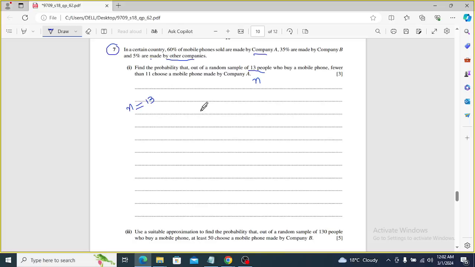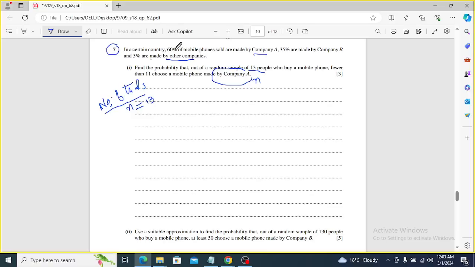N is given, and fewer than 11 chosen a mobile phone made by company A. So we are focusing on company A, and number of trials. N means number of trials. If number of trials are given, it means n equals 13, and company A is making 60% of the mobiles.